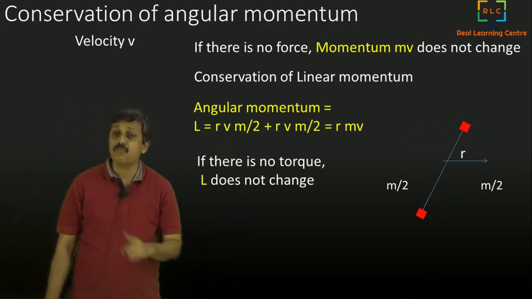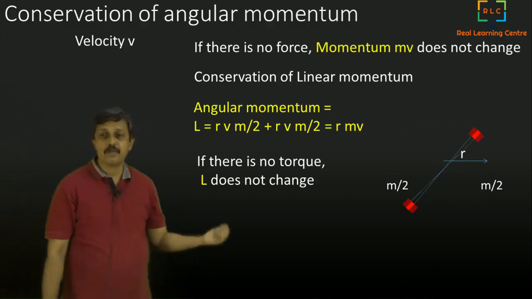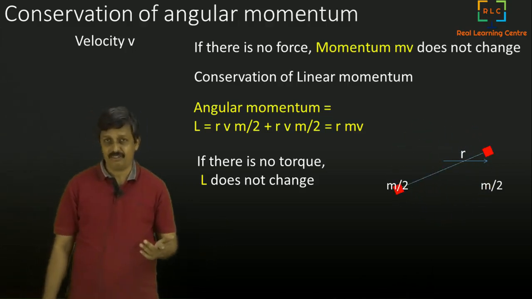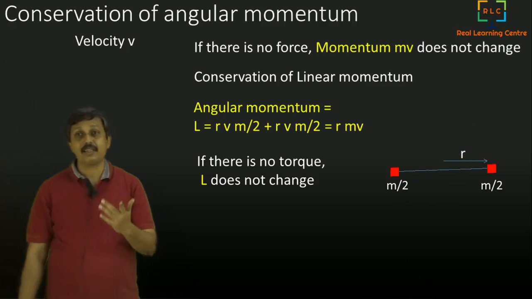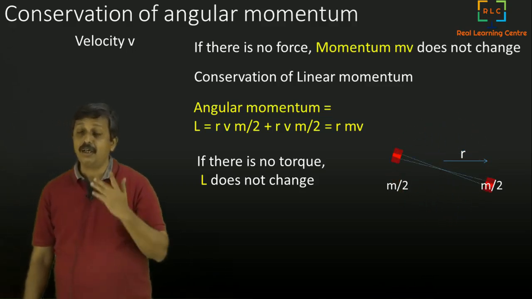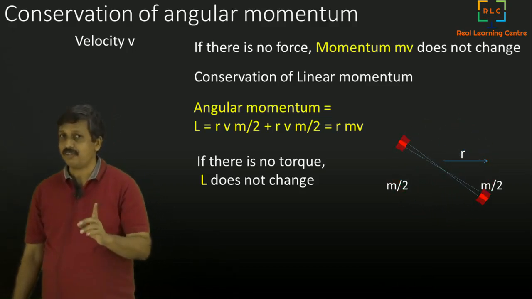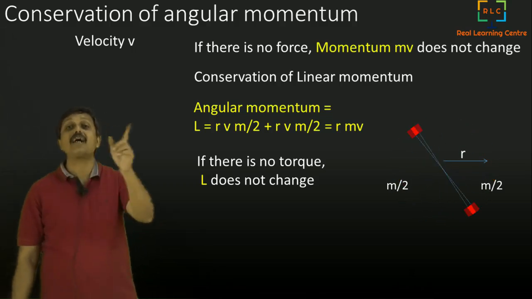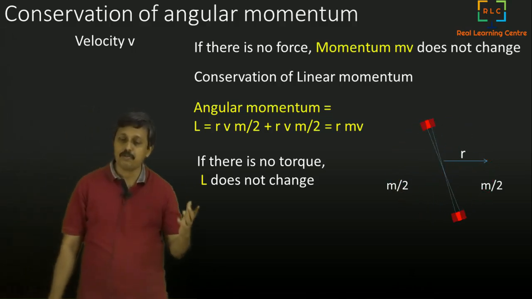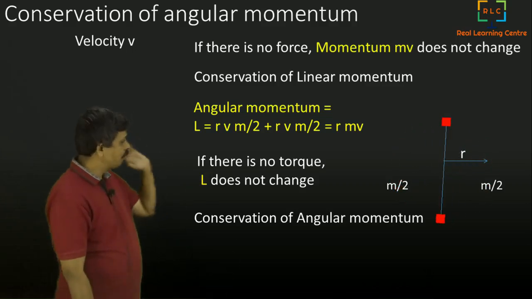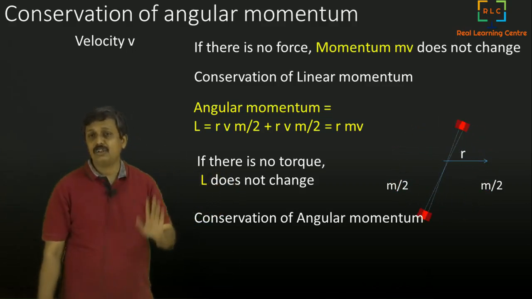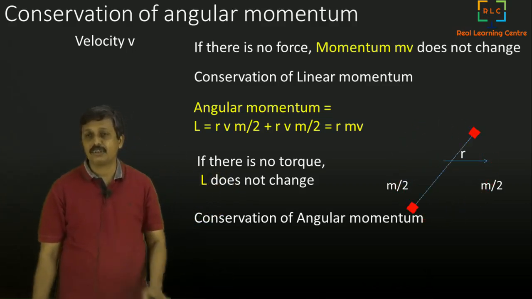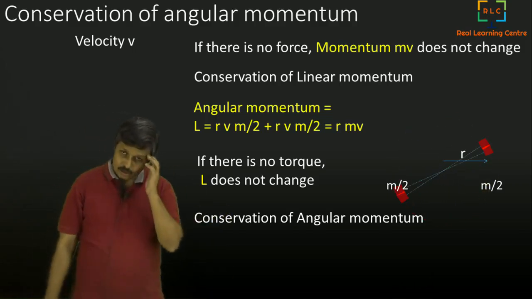Now, if there is no force, this angular momentum L does not change. That is basically conservation of angular momentum. If there is no torque, because in rotational motion we talk about torque, L does not change, and this is called conservation of angular momentum. No big deal about it.